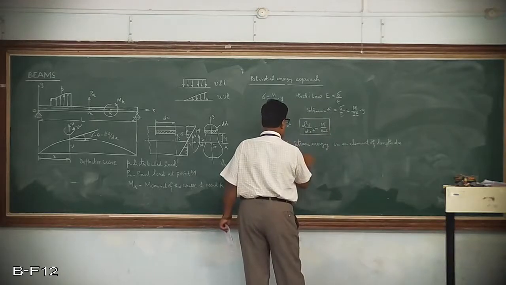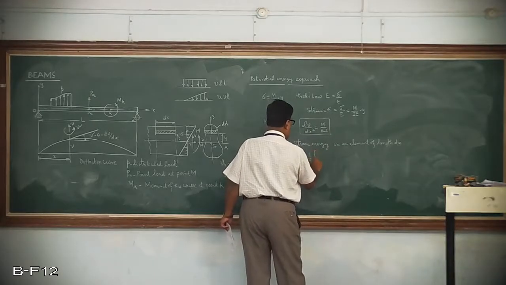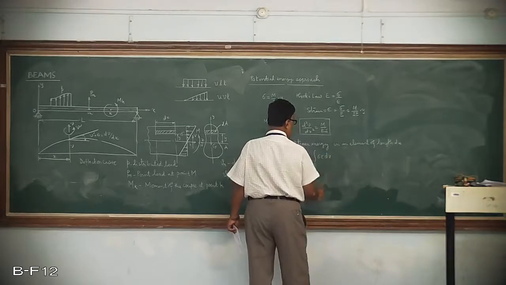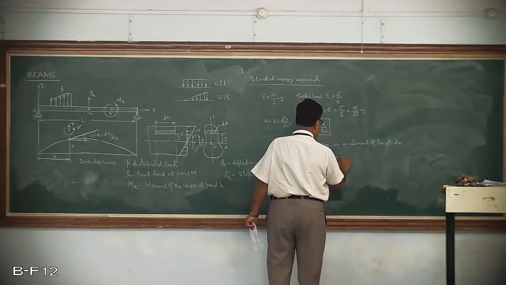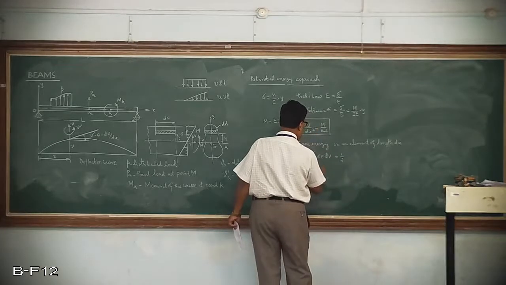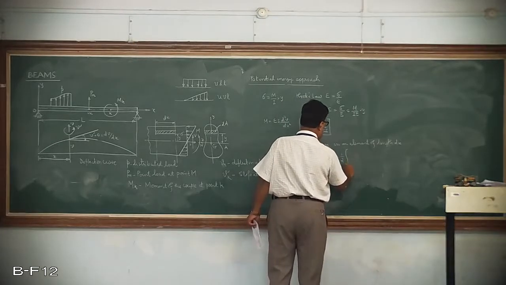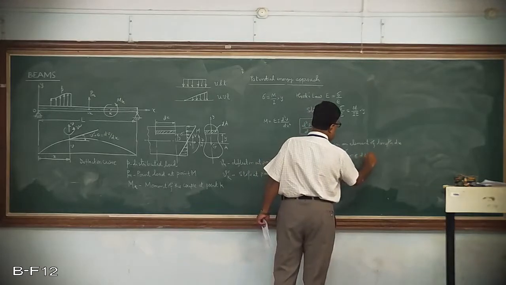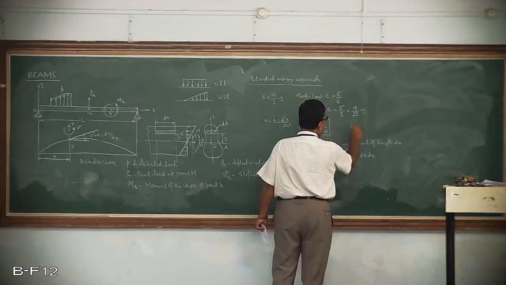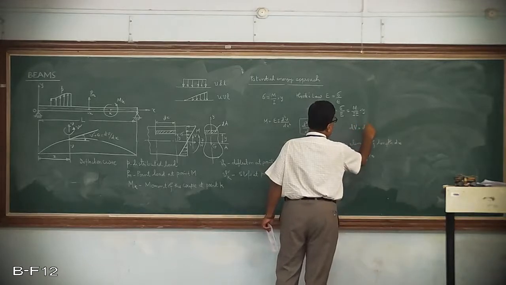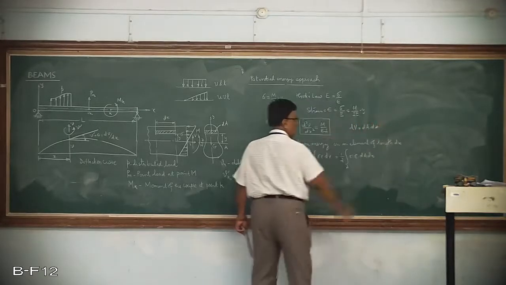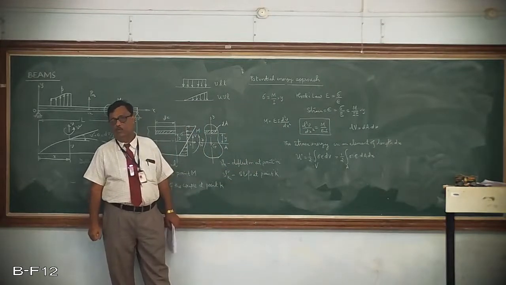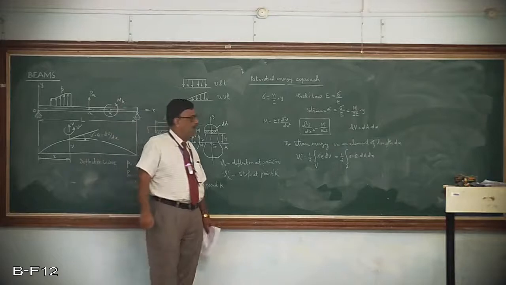UE is always given by half integral of sigma into epsilon into dV over the volume, and when you convert this to an integral over the area, it is sigma epsilon into dA into dx. The volume dV, since both area and length are elemental in nature, we write as the product of dA into dx.